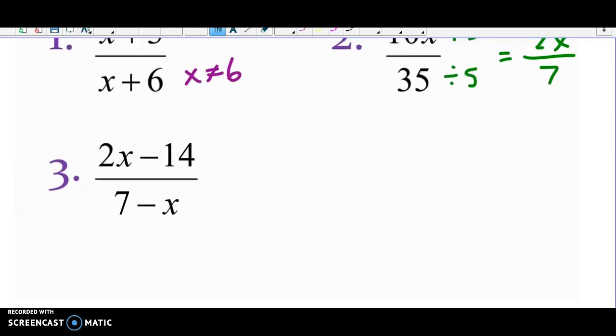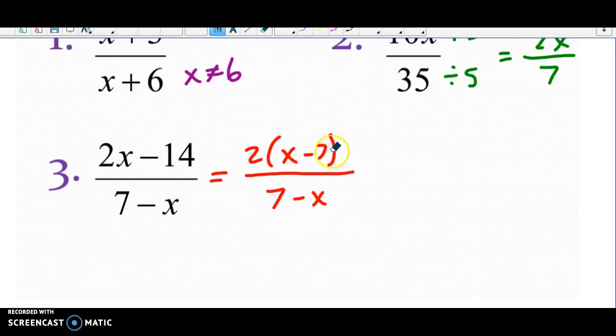In number 3, I have 2x minus 14, and I know I can definitely factor out a common factor here. If I factor out a 2, it leaves me with 2 times x minus 7, and my denominator is 7 minus x. However, I notice that this is very similar to this, so what I'm going to do is factor out a negative 1, or a negative sign, and change the signs in here so that this factor is the same as this, and now I can cancel.